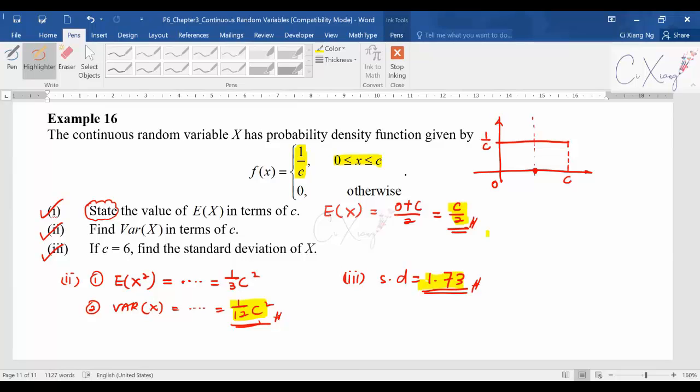Okay, so far for all the examples that we tried, from example 1 until now, you can see that all the integration is very simple. That means they only involve the integration in AS level. But in recent years, they started to bring in integration for A2 level as well.